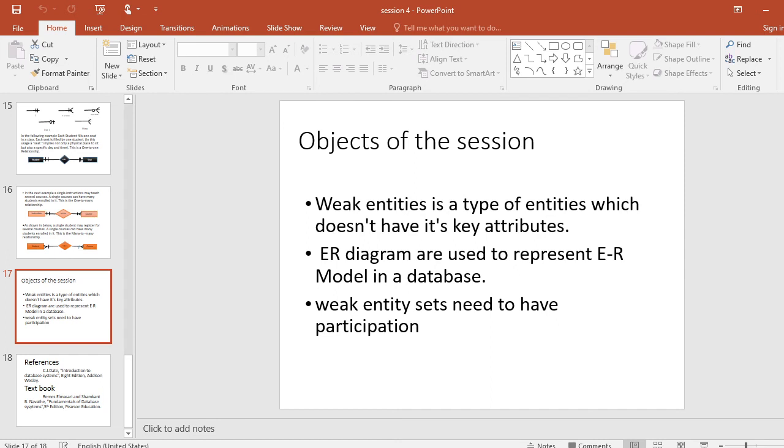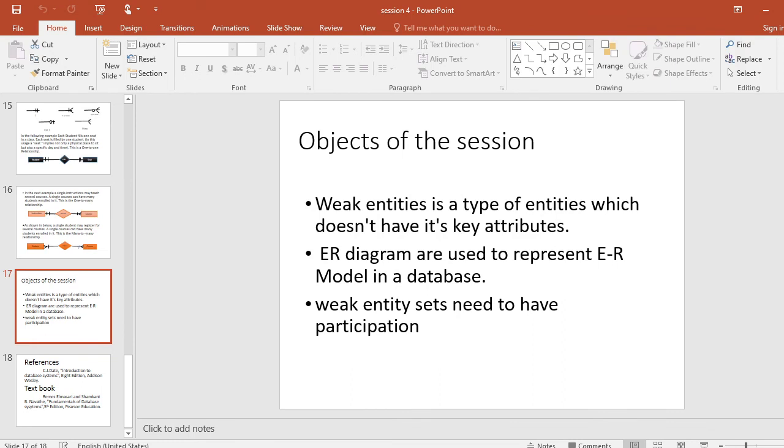That is also something you should notice, because a weak entity means the entity has no key attribute. The next objective of this session is that ER diagrams are used to represent the ER model in a database. I already informed you of this. Whenever you want to create an ER model for a database, you first analyze the ER model, then easily create an ER diagram for any database.